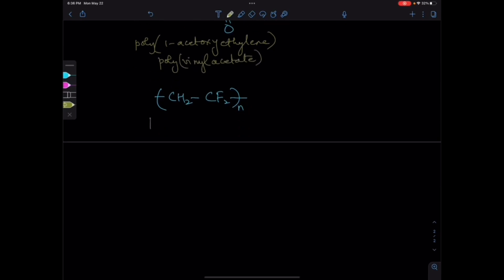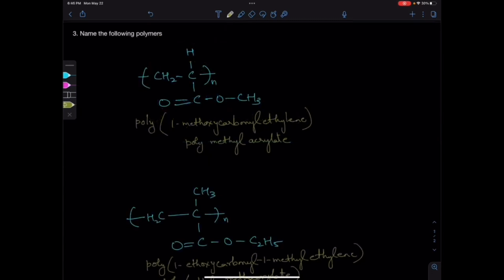The last one, poly 1,1-difluoroethylene. There should be a parenthesis here.